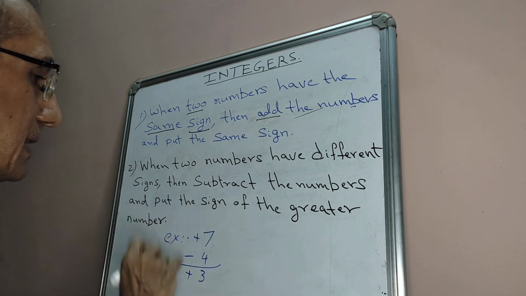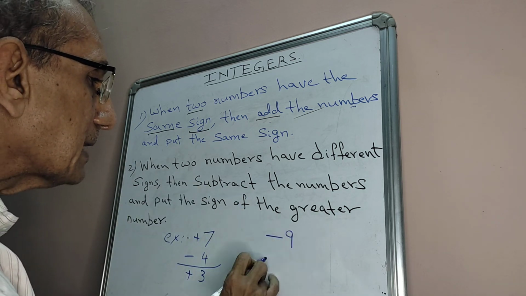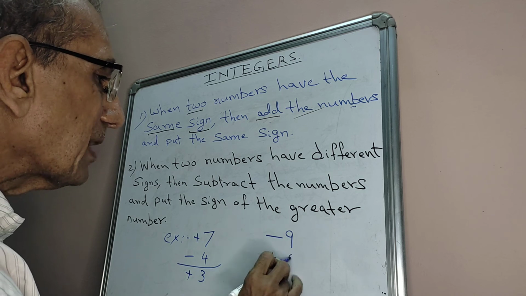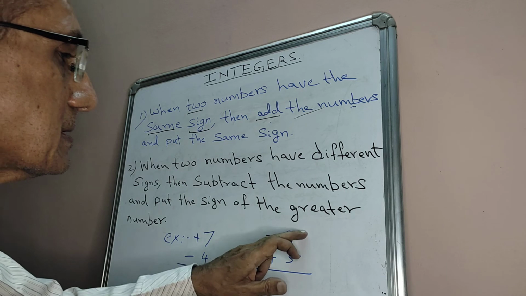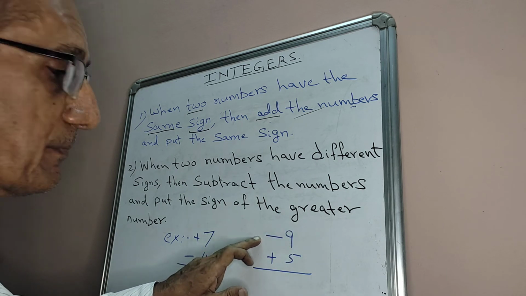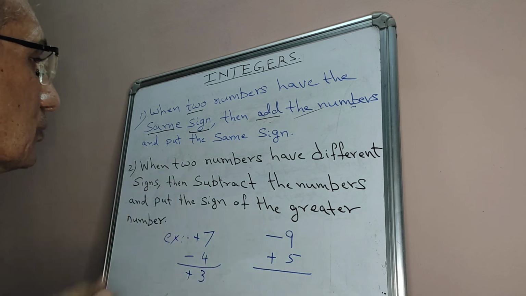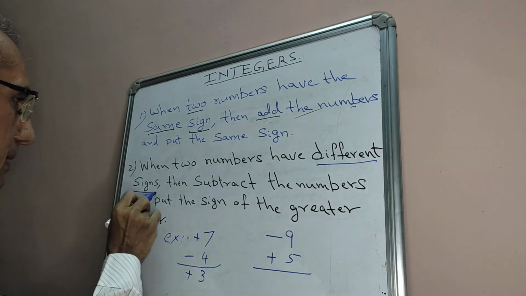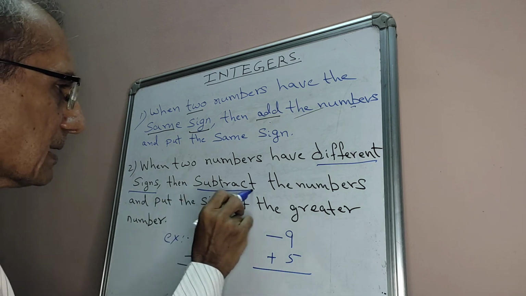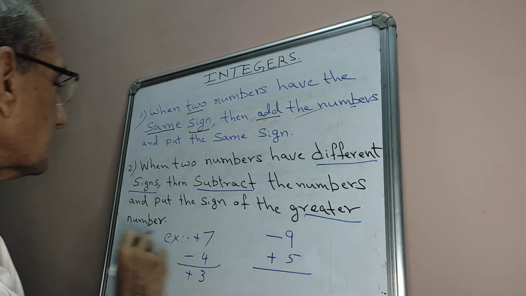Supposing I take it the other way around. If it is minus 9 and plus 5, then what? Two numbers, 9 has a minus sign, 5 has a plus sign. When two numbers have different signs, then subtract the numbers and put the sign of the greater number.